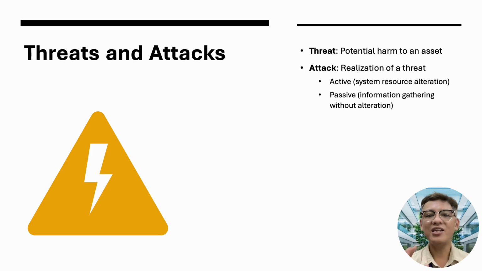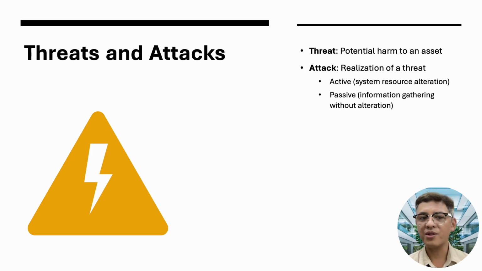Active attacks involve deliberate attempts to modify, disrupt, or disable system resources. Examples include installing malware, altering data, or initiating denial of service attacks. While passive attacks occur when an attacker gains unauthorized access to information without directly altering system resources.